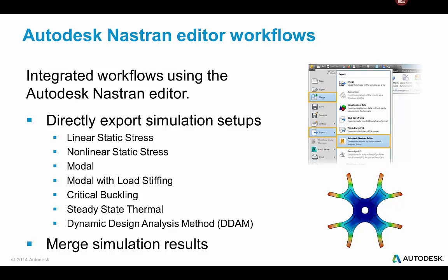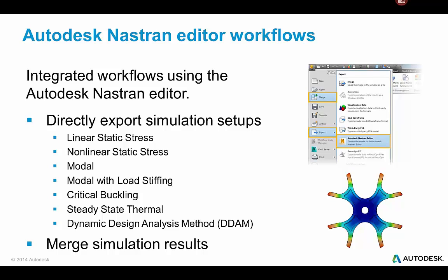And what this will do is it will check your setup. It will solid mesh if you haven't solid meshed your geometry. It will decode the geometry, convert all your loads and boundary conditions into a meaningful finite element input model. And then it will convert that input model into a Nastran format. And then it will launch the software called Autodesk Nastran Editor, and it will populate the input deck in that editor so you can immediately start looking at that exact input deck.